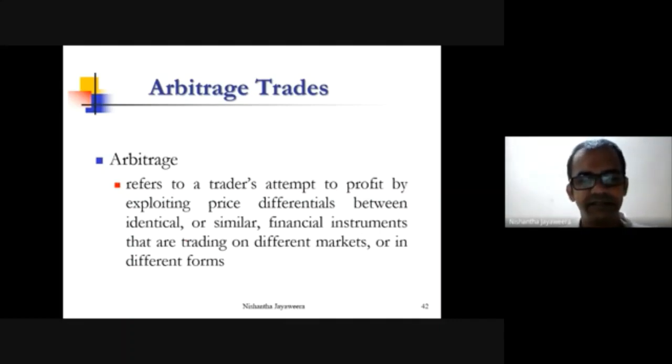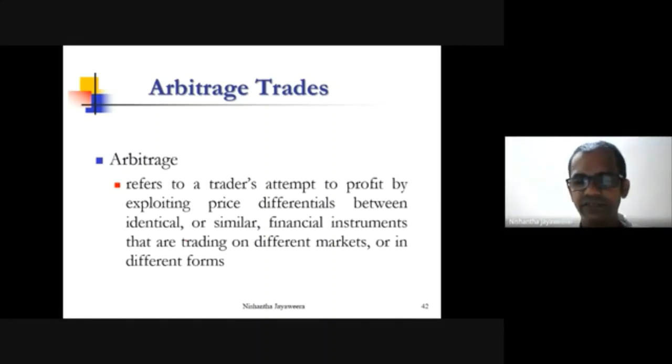But here, remember, what do you mean by different markets? It's not like two physical markets. You may remember we discussed that as well when we discussed foreign exchange markets. When you have two different physical markets, you can still explore arbitrage opportunities. But here we are not referring to physical markets like the Japanese market and Singapore market.